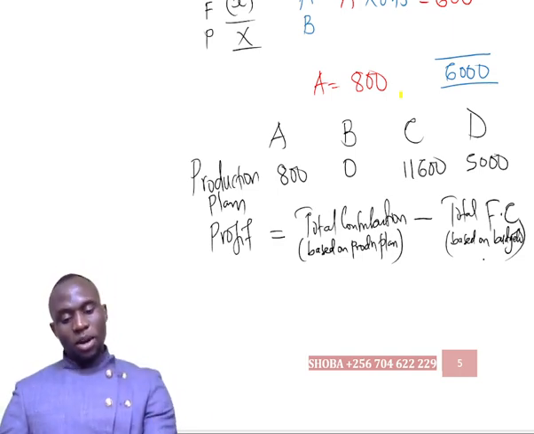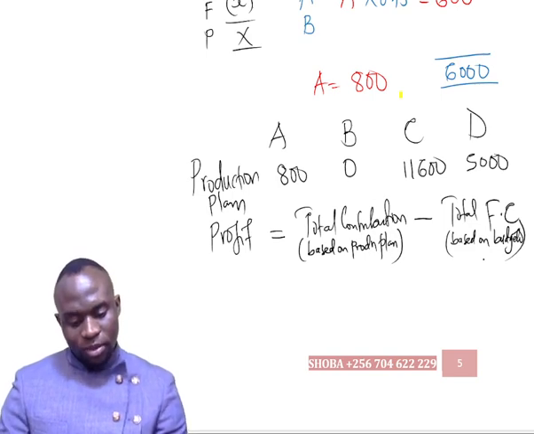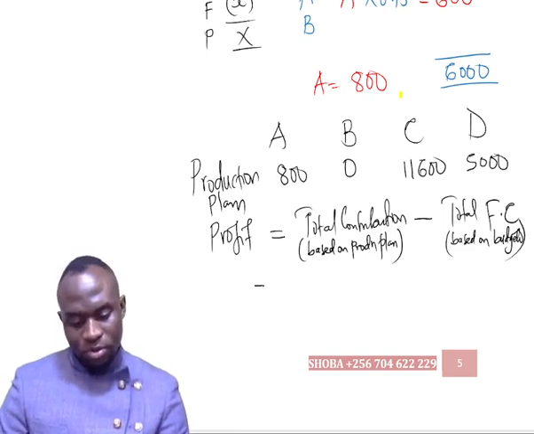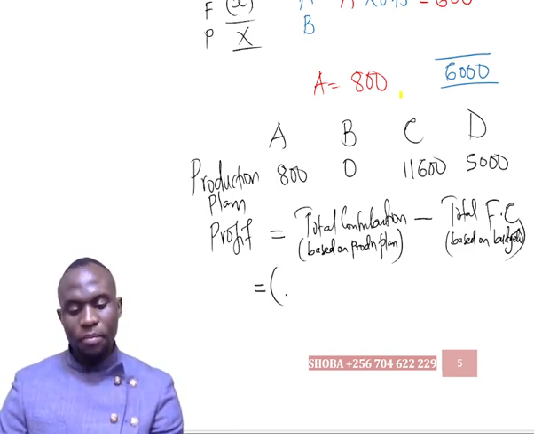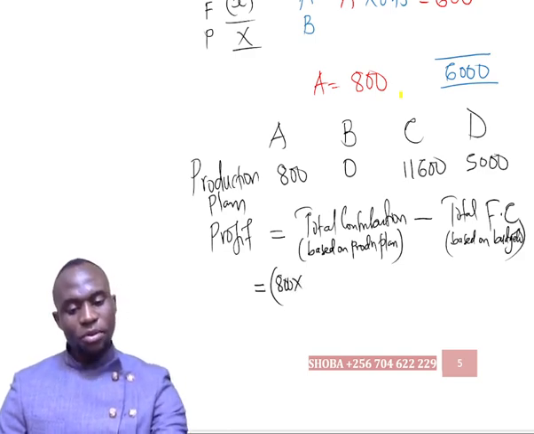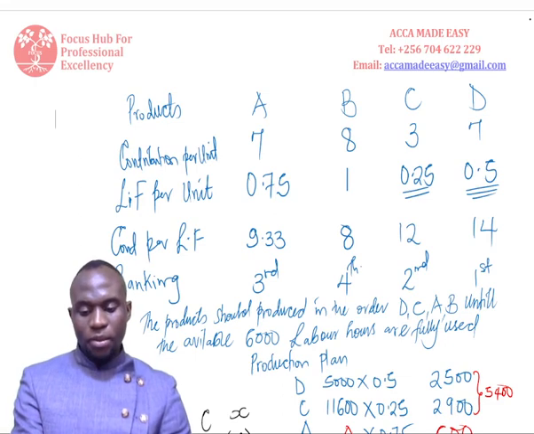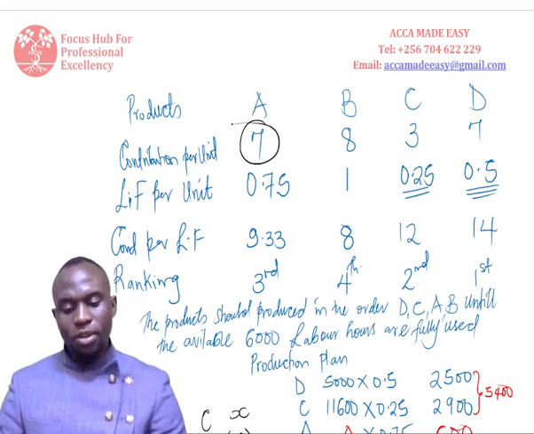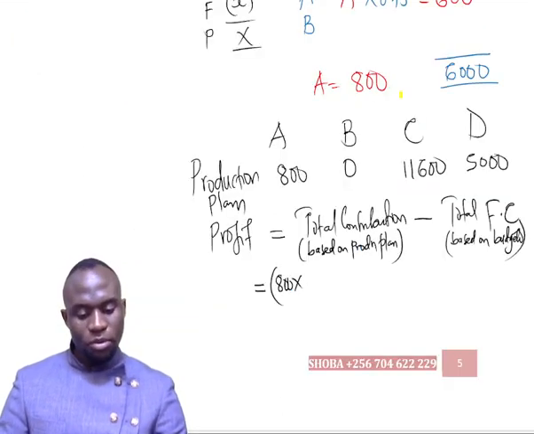So we work out the contribution, and total contribution is going to be, for A, 800 units, but each unit gives a contribution of 7, so times 7.